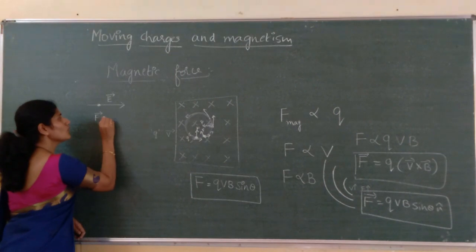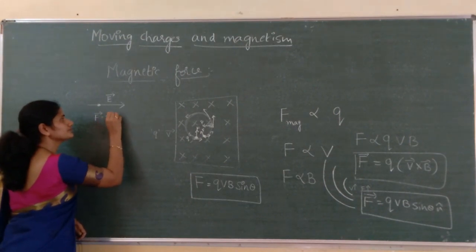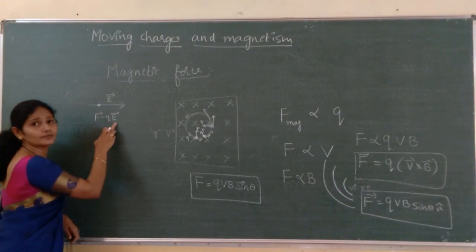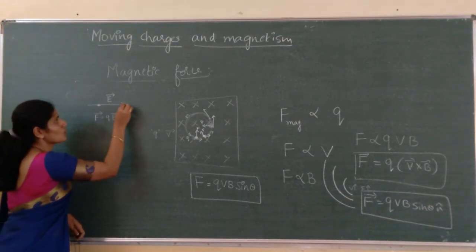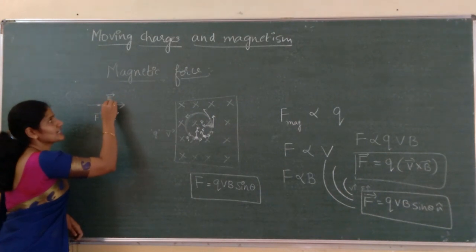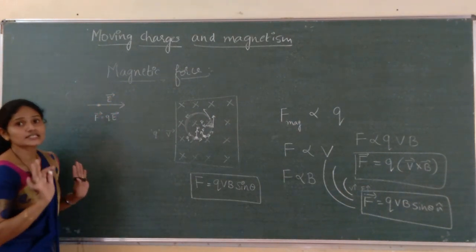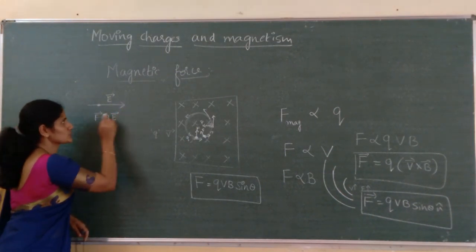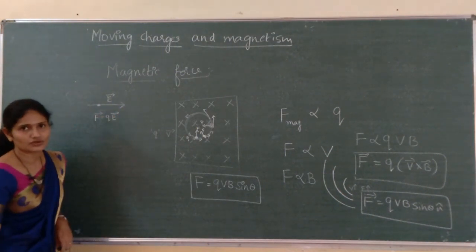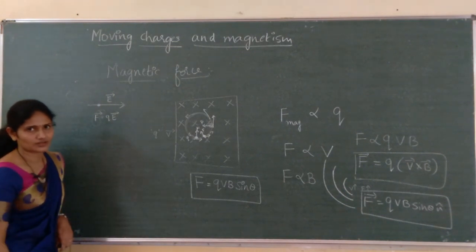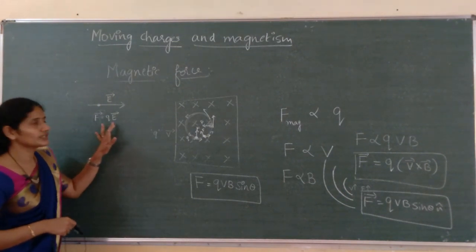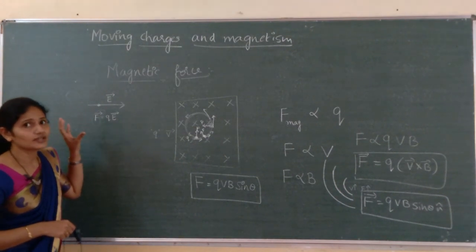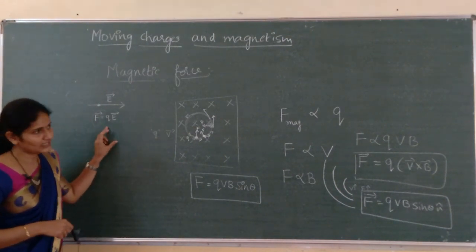F is equal to Q into E. The direction of force and the direction of electric field are always the same. If this is the direction of electric field, then this is the direction of electric force. They act in the same direction. So, F is equal to Q into E. This is the expression for force acting on a static charge in the presence of an electric field.